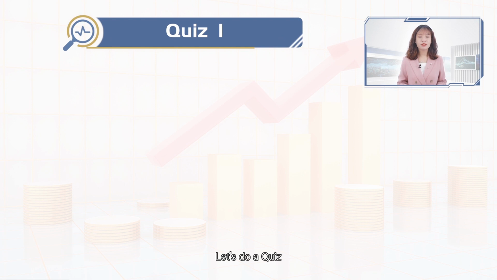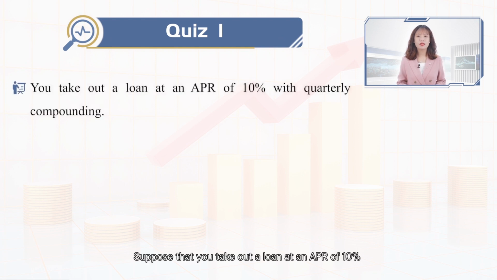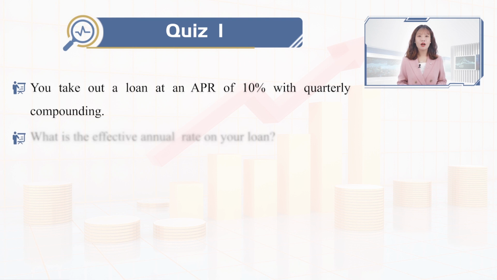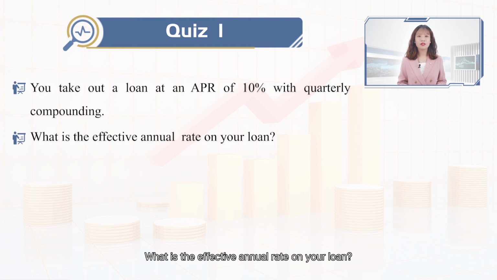Let's do a quiz. Suppose that you take out a loan at an APR of 10% with quarterly compounding. What is the effective annual rate on your loan? In this question, APR is 10% and the compounding frequency M is 4.